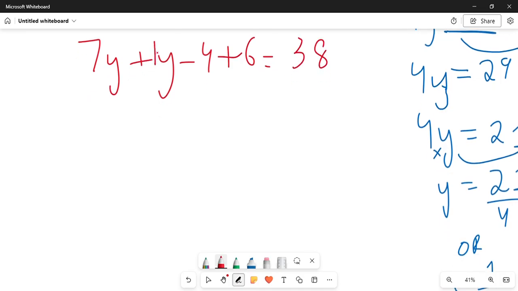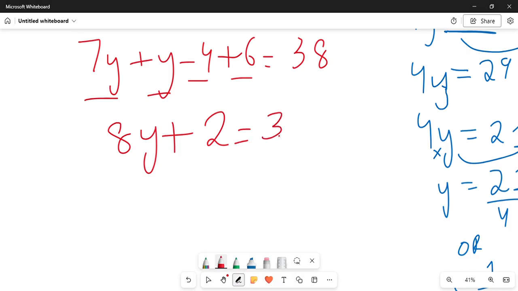So this is 1 here because there is no value, so there's 1 here. So this will equal 8y, and minus plus, we'll take the sign of the greater number, and because they're opposite signs, we're going to subtract, so 6 minus 4 is 2, which equals 38.